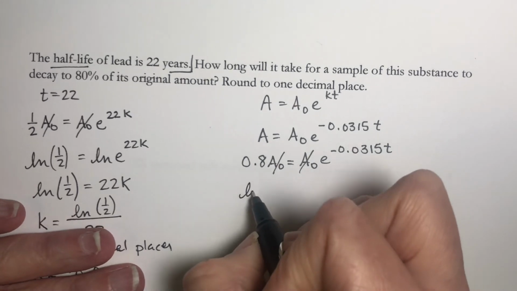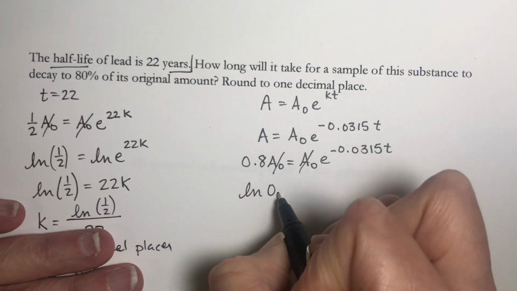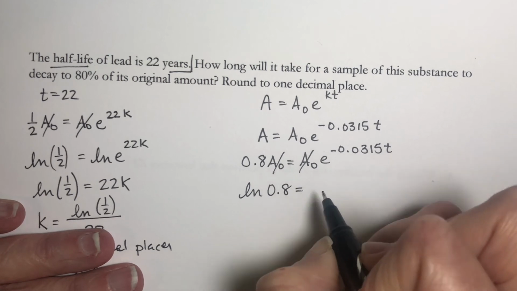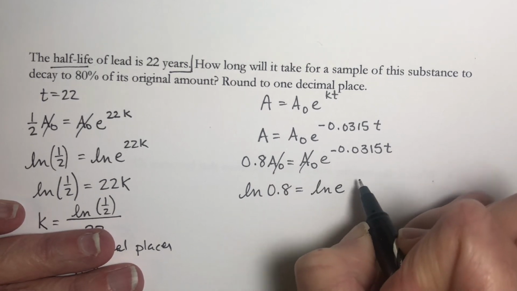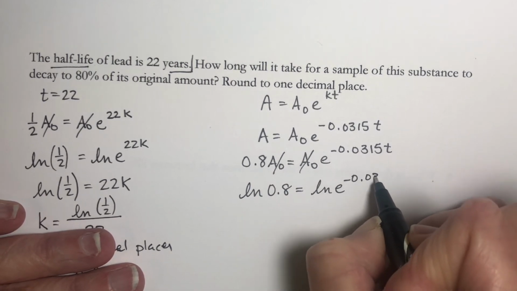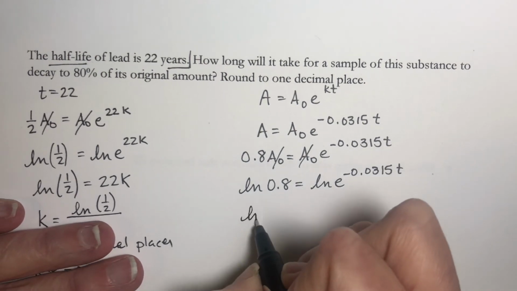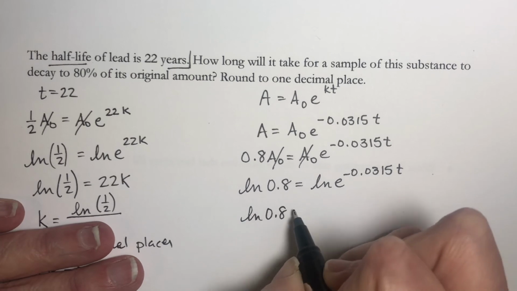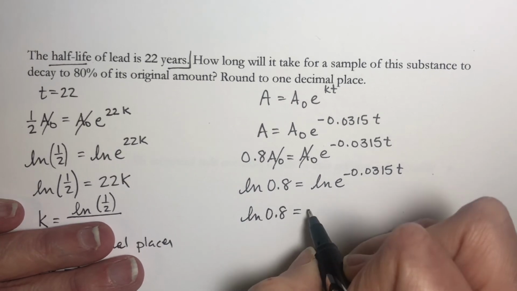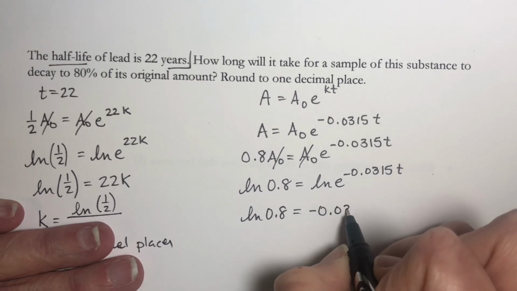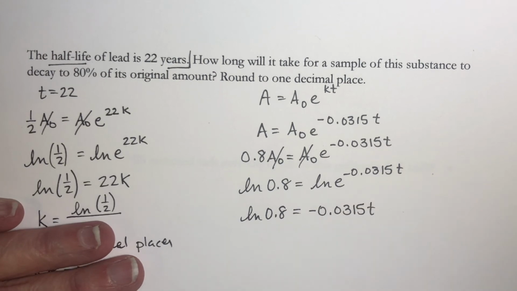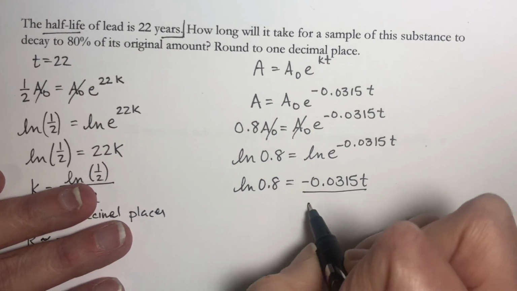Use natural log. Natural log of 0.8 is equal to the natural log of e to the negative 0.0315t. So natural log of 0.8 is equal to negative 0.0315t. Now divide both sides by that.